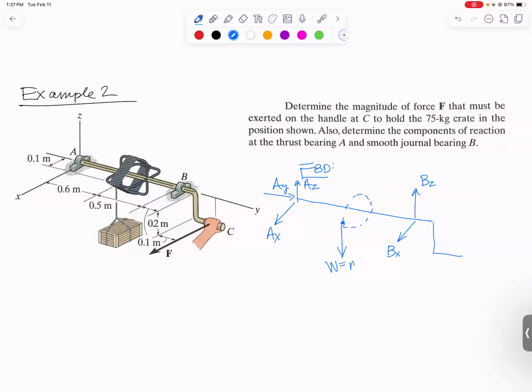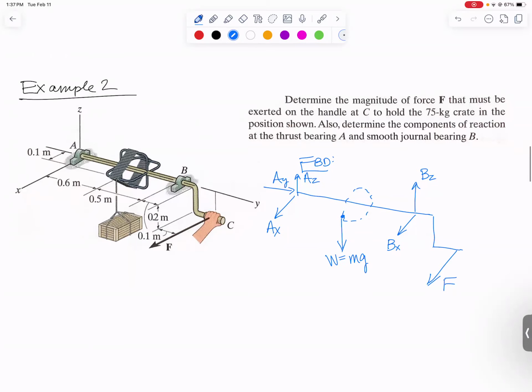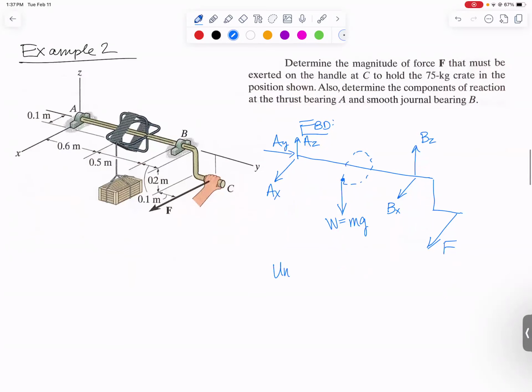The weight will be the mass times acceleration due to gravity, 9.81 meters per second squared. And then finally, somebody is pulling with a force in the X direction, F, that we need to solve for. And I think those are all the forces on my object. So what I need to do next is make sure that I can solve this. If I count up my number of unknowns, I've got AX, AY, and AZ.